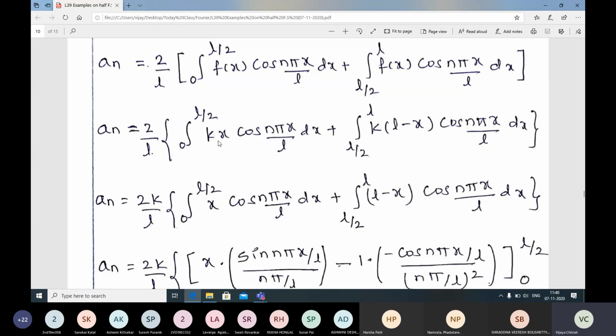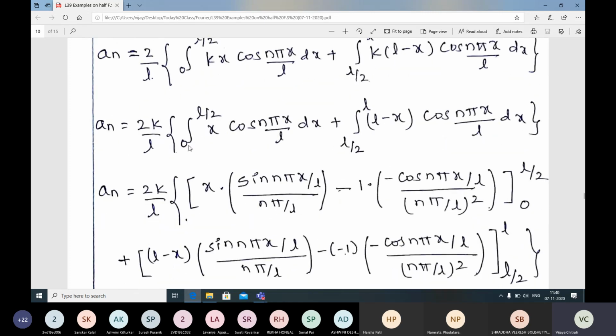Again observe this one, k is common for both the terms, take it outside. So next step is an is equal to 2k divided by L, integration from 0 to L by 2 x cos n pi x by L dx plus integration from L by 2 to L L minus x cos n pi x by L dx. So observe this one.